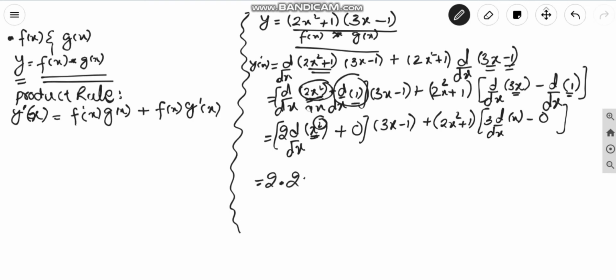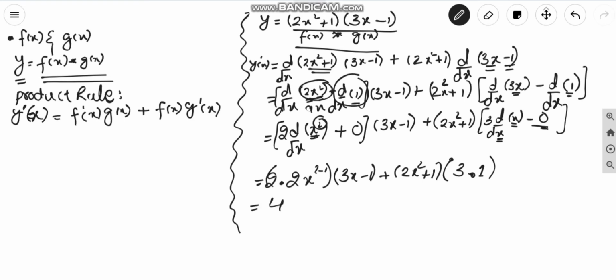Put the power at the start and reduce the power of the variable by 1. 3x minus 1 will be as it is. 2x square plus 1. Now 3 and the derivative of x with respect to x is 1, and minus this is 0. 2 2s are 4 and x power 2 minus 1 will become 1, and 3x minus 1 plus 2x square plus 1.